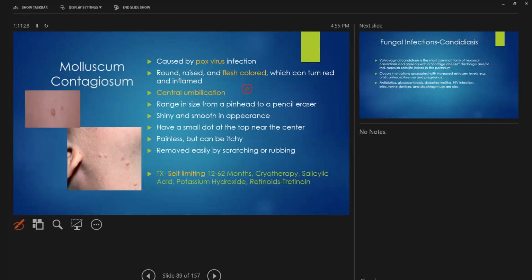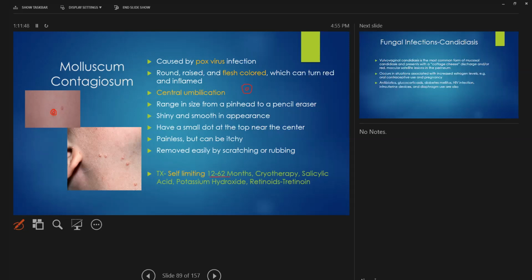You can kind of see this lesion has some, but that's the characteristic look of molluscum. Molluscum generally occurs in kids. They're usually painless. They can be a little bit itchy. They're self-limiting, but look how long they last, almost a year.